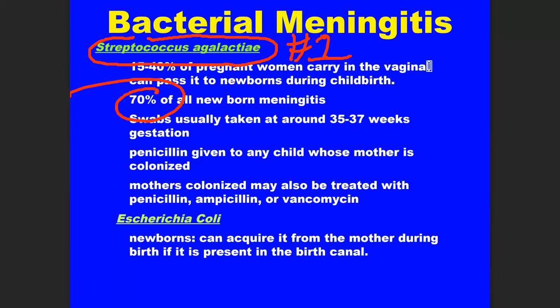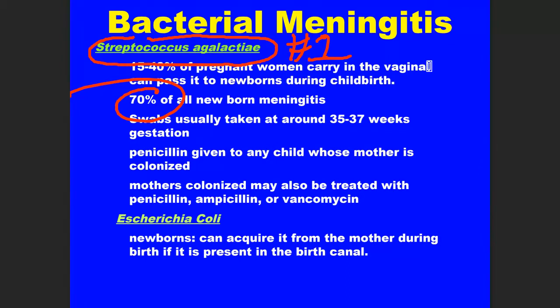It's estimated that anywhere from 15 to 40 to almost 50% of pregnant women already carry this in their genitourinary tract. In fact, it's usually tested for about a month or two before a pregnant woman gives birth, by taking a swab. If a pregnant woman is positive for the presence of this bacteria, she's usually put on antibiotics to reduce the concentration.